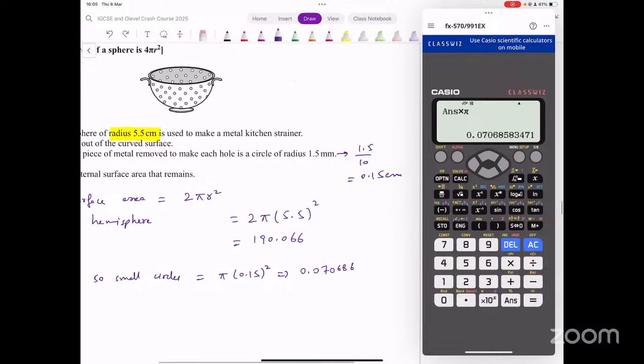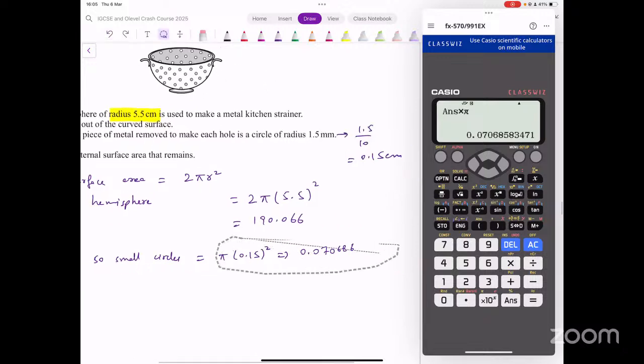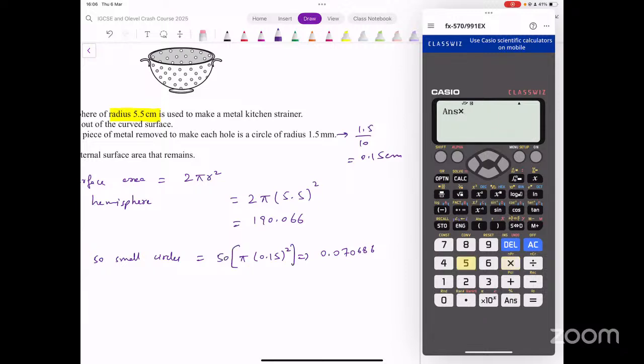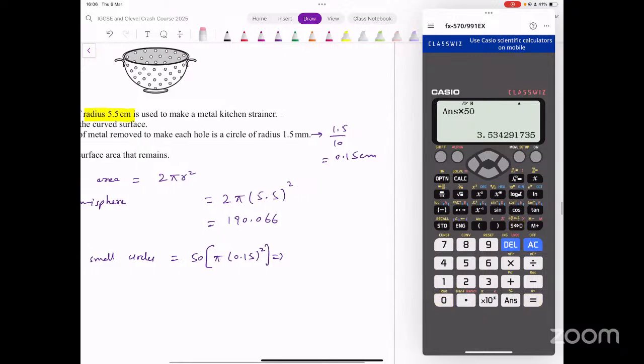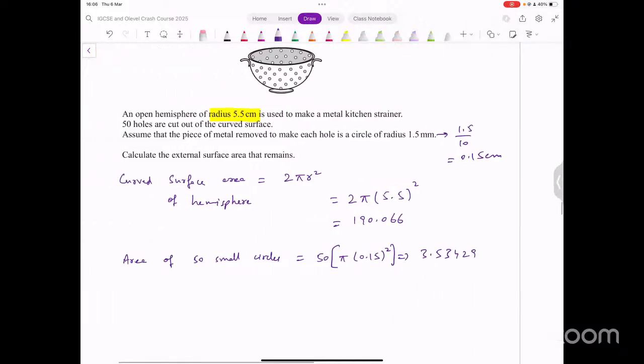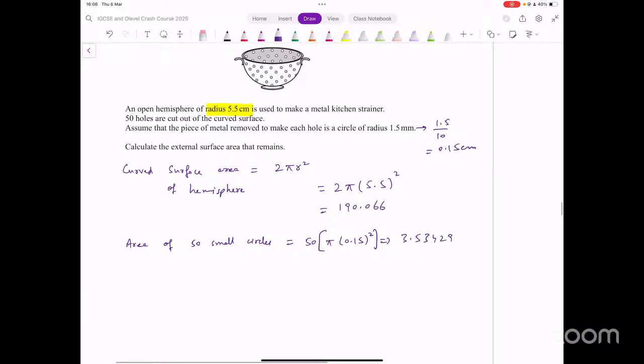What we can do is just multiply this whole thing with 50. That gives us 9 over 8 pi, or in decimals, 3.534229. Those small holes have this area, 3.53429.